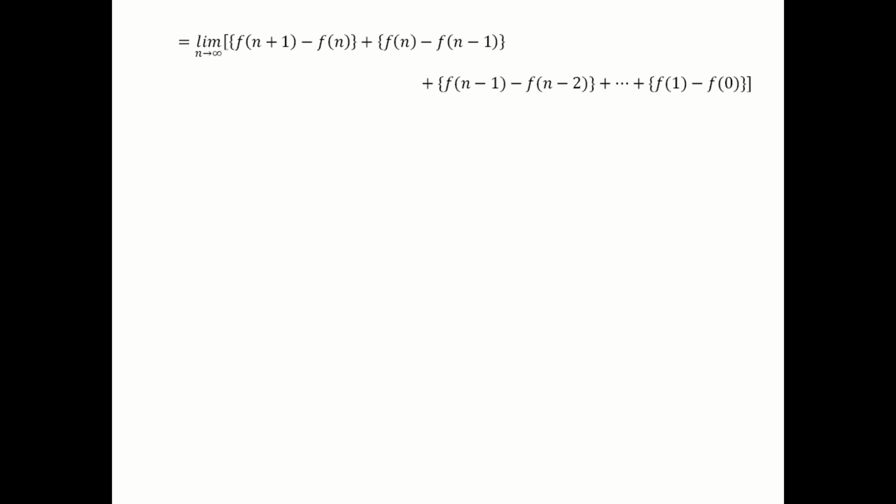So the limit as n tends to infinity of f of n plus 1 minus f of 0, because in the first bracket you have f of n plus 1 minus f of n, and in the second bracket f of n minus f of n minus 1.